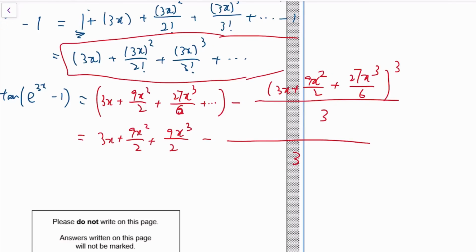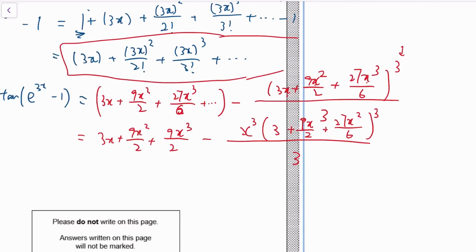I think what we can do is we can factor out the x. So we factor out x, but that x is also cubed. So it's x cubed times 3 plus 9x over 2 plus 27x squared over 6, cubed.